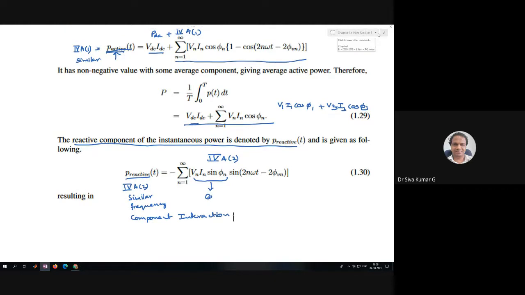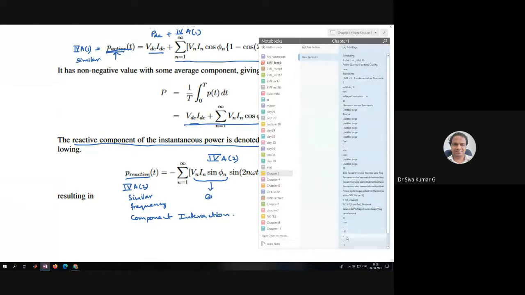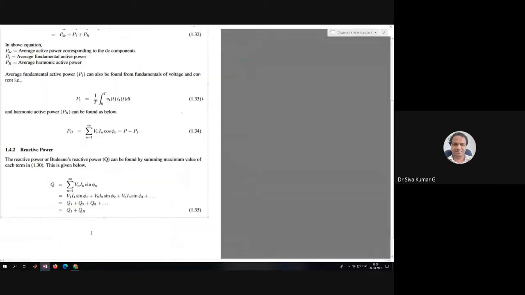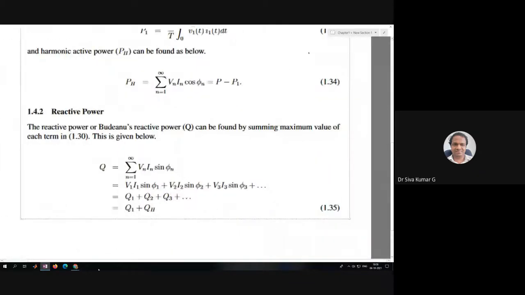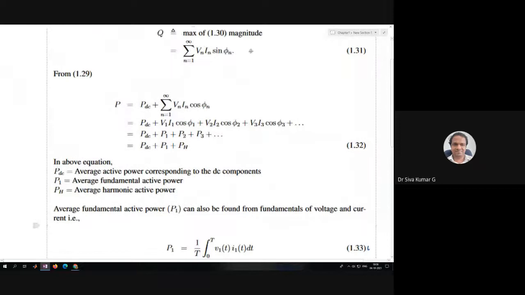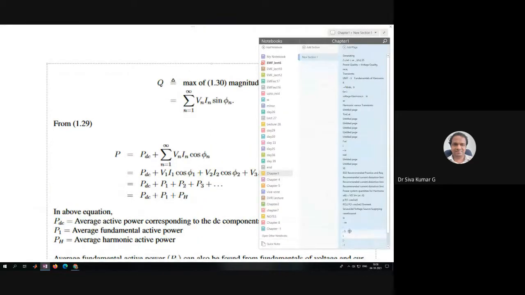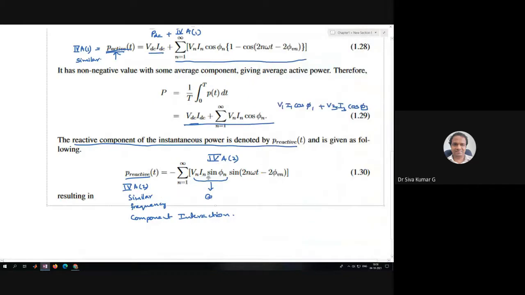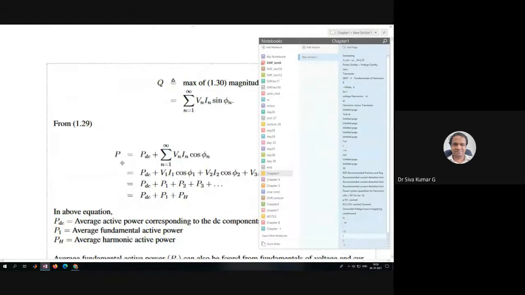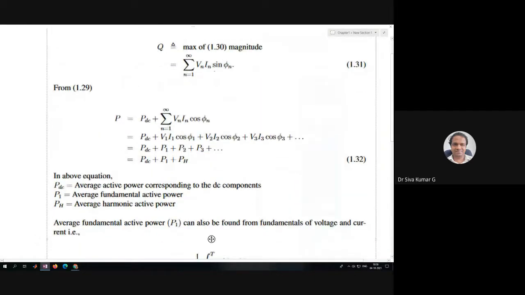Now this is the maximum of the earlier equation, that is 1.30. Vn In sin phi n represents the reactive power. Whereas the real power is PDC plus V1 I1 cos phi 1 plus V2 I2 cos phi 2.